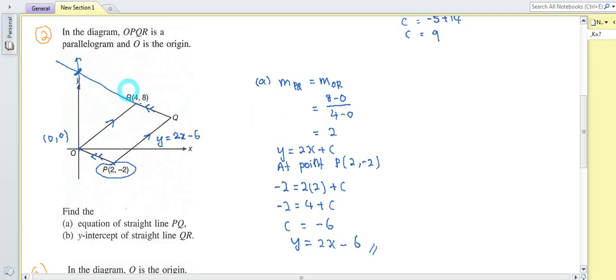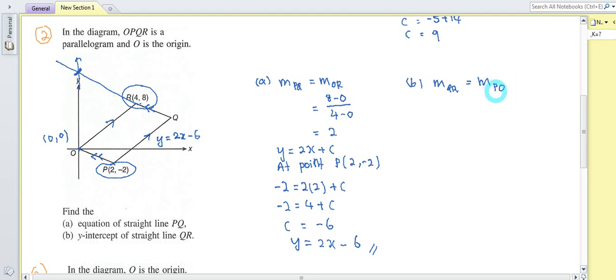So we know that the y-intercept must be positive. Okay, to find the y-intercept, we need the equation of QR. So two things again: gradient and 1 point. Point, I can use this one, but I don't have the gradient. Same thing. If I want to find the gradient of QR, I just find the gradient of PO because they are parallel to each other.